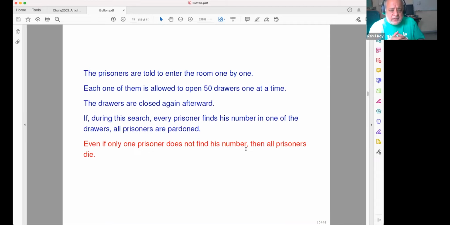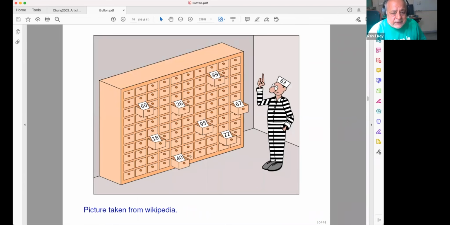Intuitively, this is actually a very small probability that they'll find a number. Why? This is a picture taken from Wikipedia of prisoner number 63 opening the drawers and finding the random numbers.